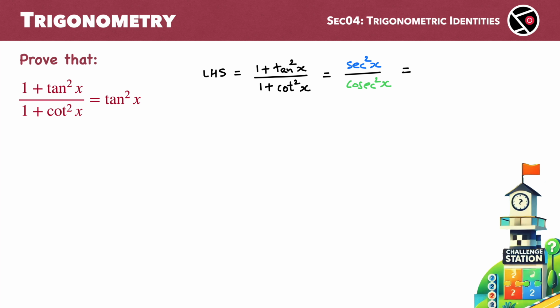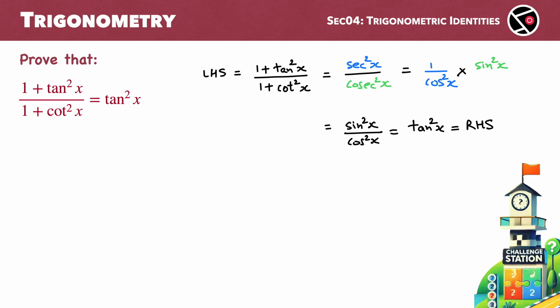So sin square x by cos square x is tan square x. Left hand side equals right hand side. This is our proof.